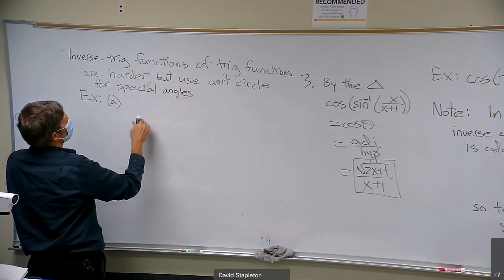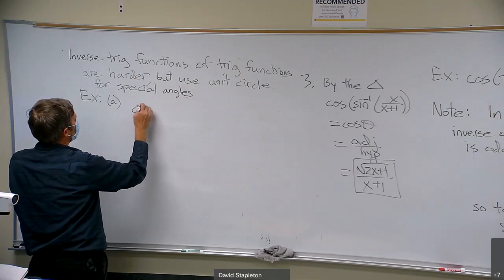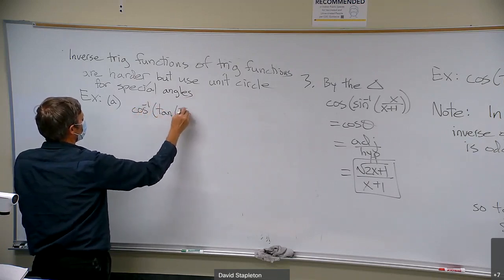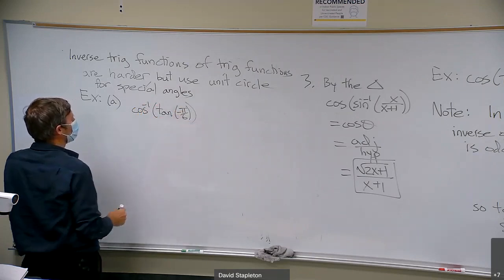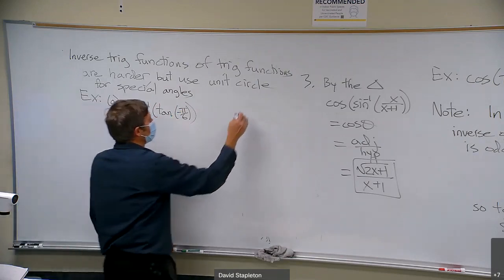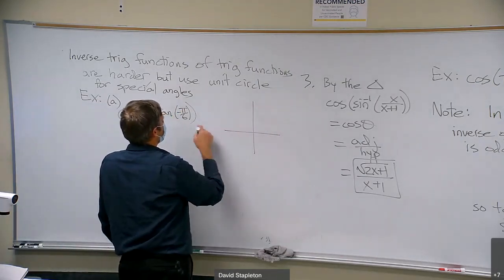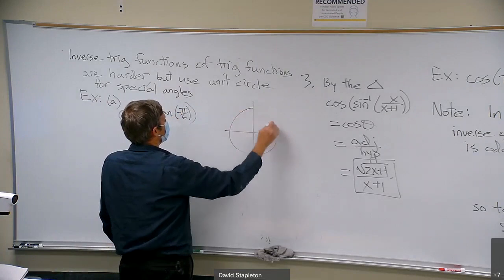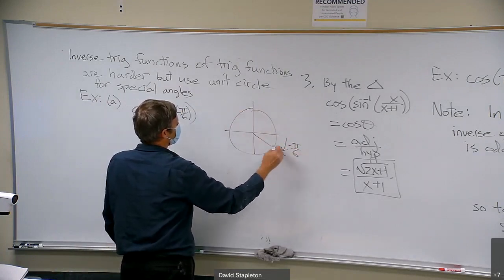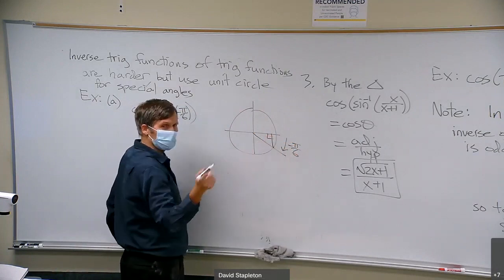So for instance, if I want to evaluate the arccosine of the tangent of minus pi over 6, what could that be? I'll just go ahead and calculate it, right? I'll say that's a special angle. I calculate the tangent. Take an angle of minus 30 degrees, minus pi over 6. I memorize that triangle, right?